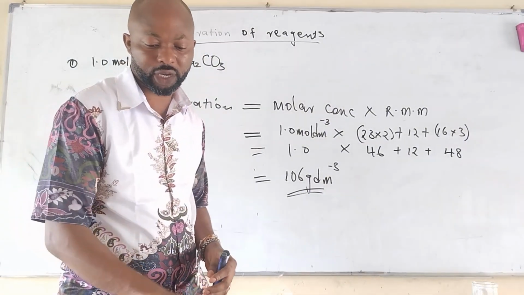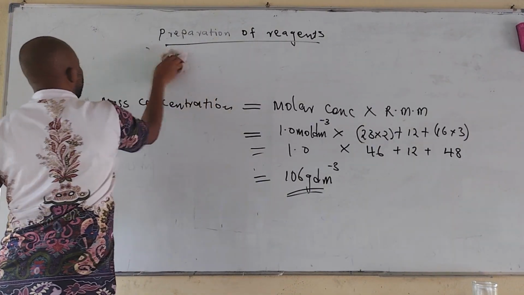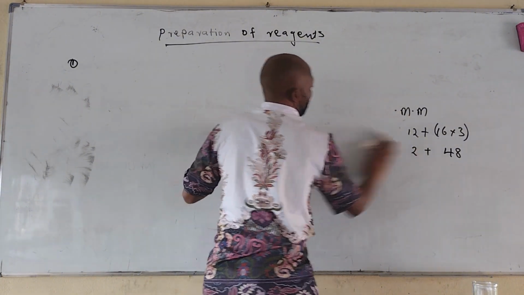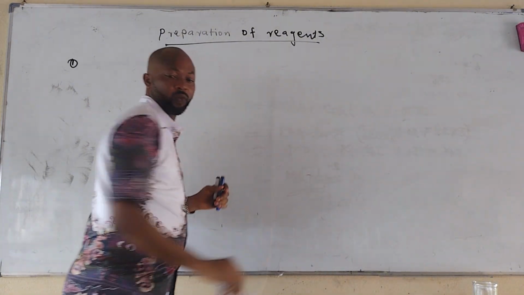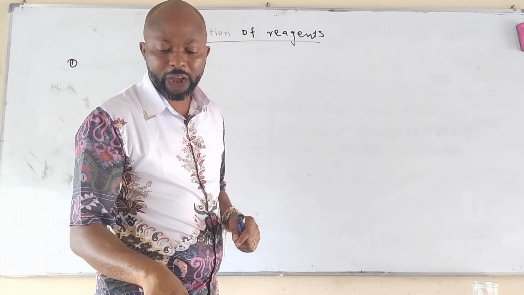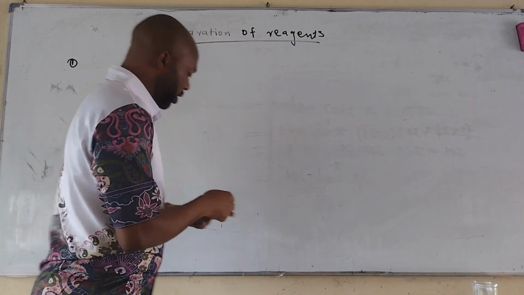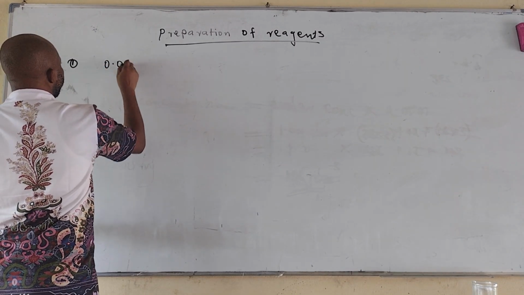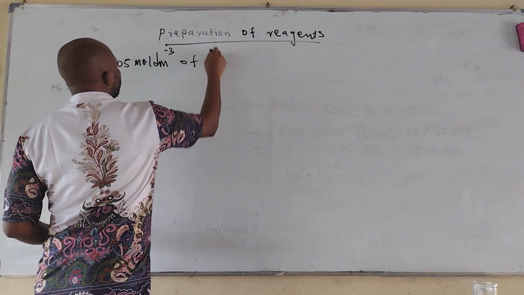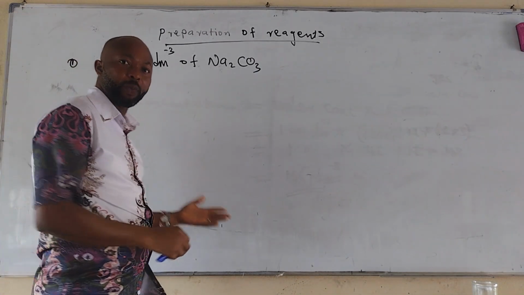So let's take another question here. Now we're going to prepare 0.05 mole per dm cube of the same sample, sodium trioxocarbonate(IV). So let's see what happens in this scenario.